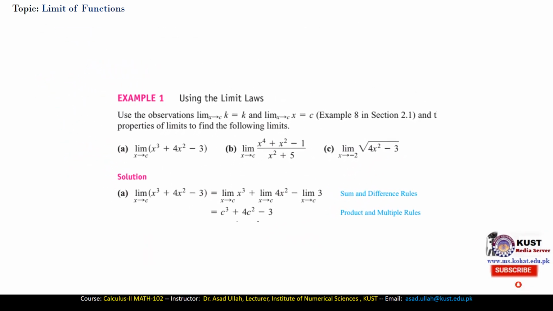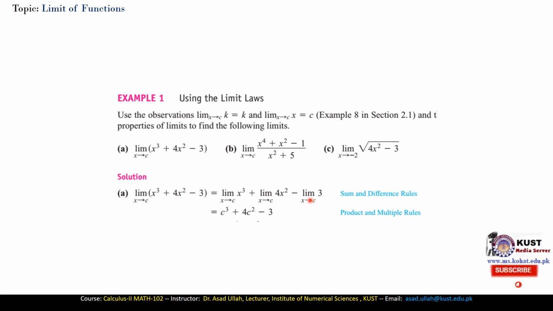Okay, to understand the laws of limit, here we present three different parts in example number 1. To evaluate part 1 at the general point x equal to c, we use laws of the limit, that is the sum and difference rule. So applying the limits separately, we get the limit as x tends to c of x cube plus the limit as x tends to c of 4x square and the limit as x tends to c of the constant 3.